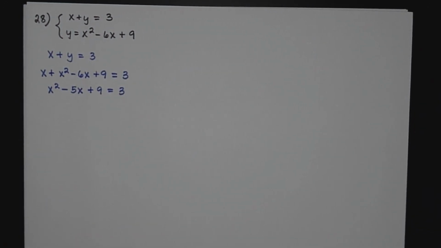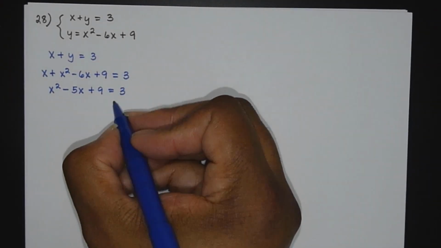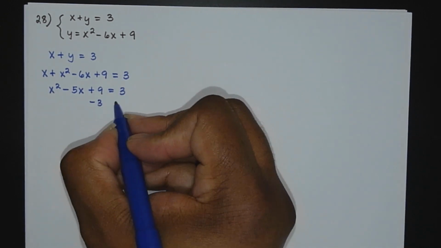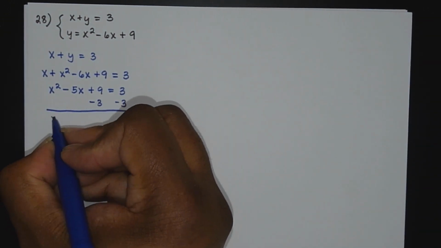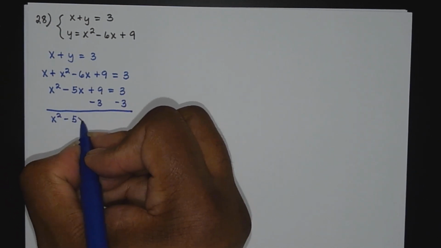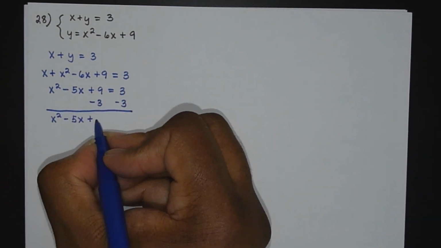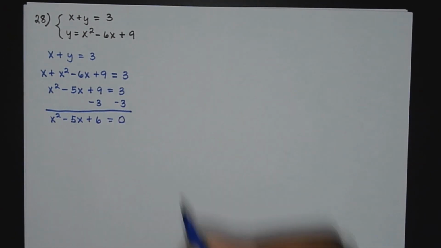Now, what I want to do here is get all the terms on one side and a 0 on the other side. So I'm going to move the 3 over by subtracting 3 on both sides. So that means I have x squared minus 5x. 9 minus 3 will be plus 6 is equal to 0.